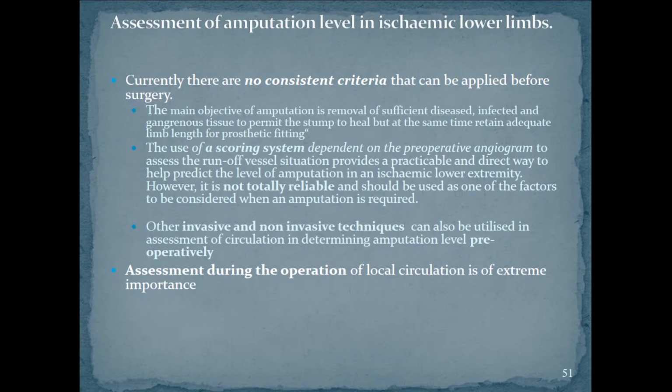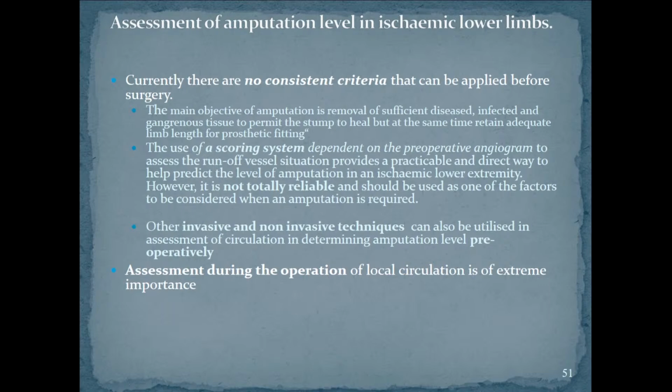Why is it so? Because when we make an amputation, we think firstly about the functional result. We think about the usefulness of the prosthesis after the operation. How useful will it be?